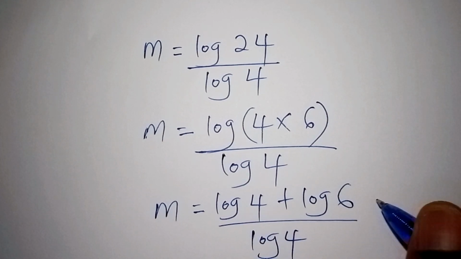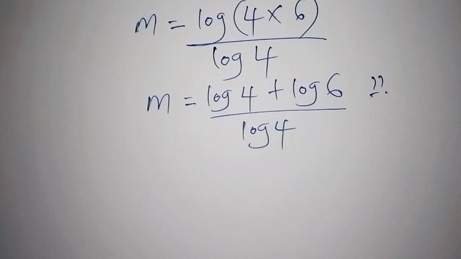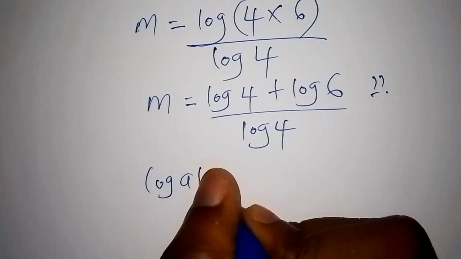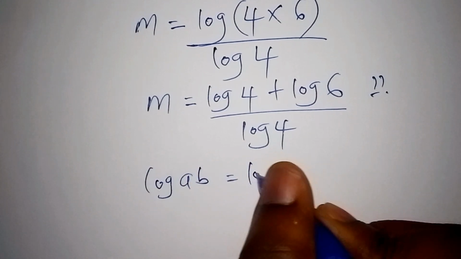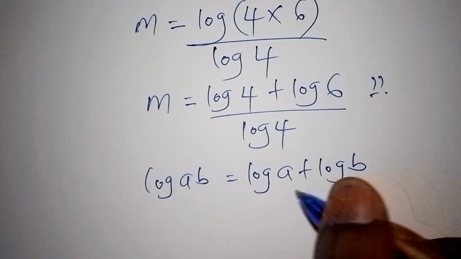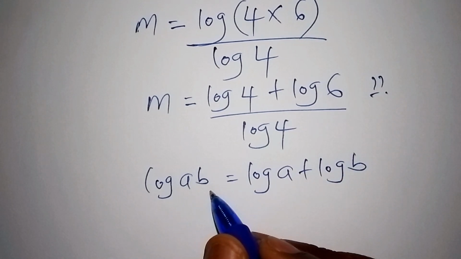Why have I written this equation this way? This is what we know: suppose we have something like the log of AB, this changes to the log of A plus the log of B. The log of AB means the two have been multiplied.